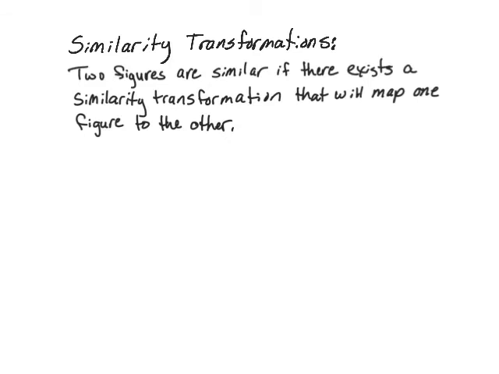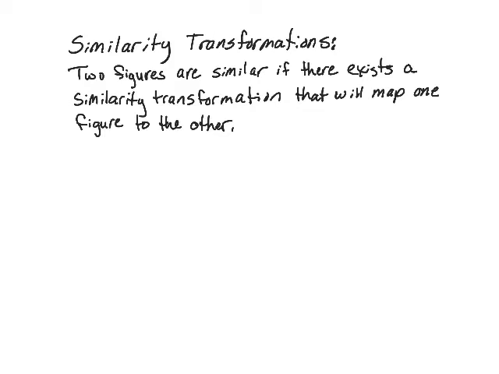So that's what we are officially going to be doing. We're going to be doing similarity transformations. Just like we had a rule for congruent figures, where you could map them with rigid motions, we have a similar rule for similarity transformations. Two figures are similar if there exists a similarity transformation that will map one figure to the other.